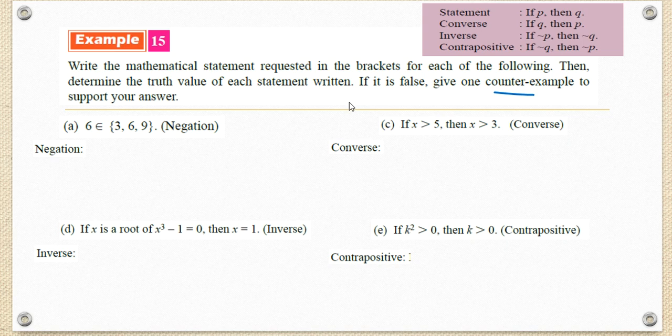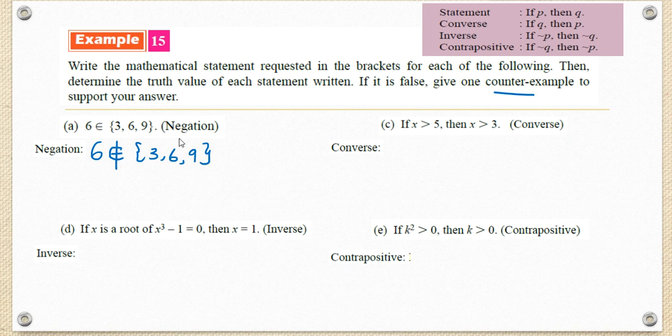Okay, 6 is the element. This symbol here means element of the set {3, 6, 9}, which is correct, right? 6 is the element of {3, 6, 9}. 6 is inside here. So when they ask about negation, it is 6 is not an element of {3, 6, 9}.